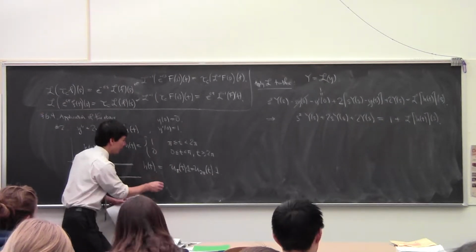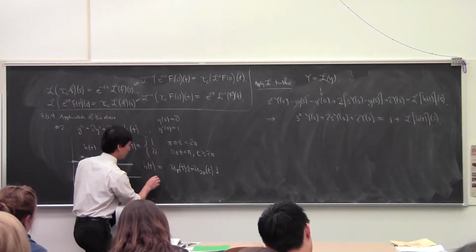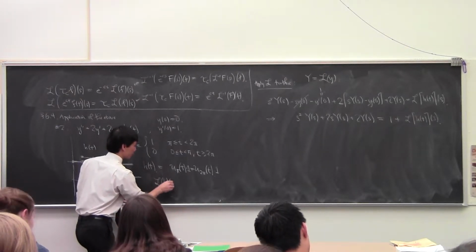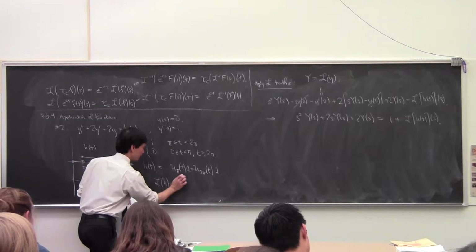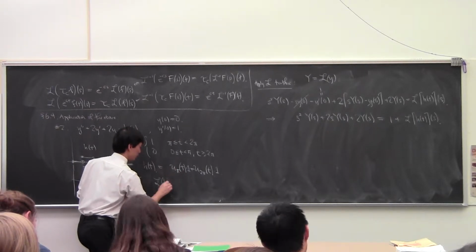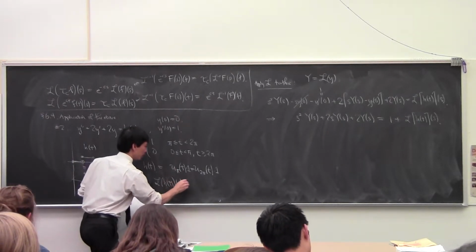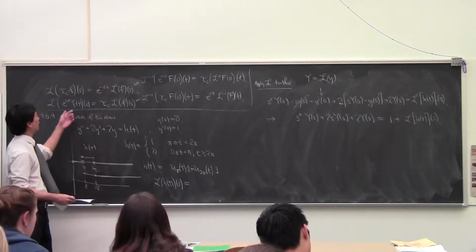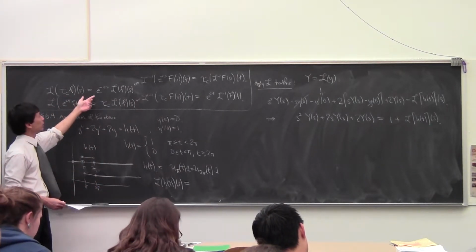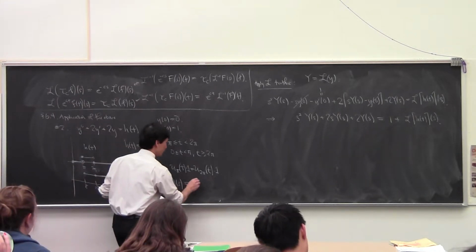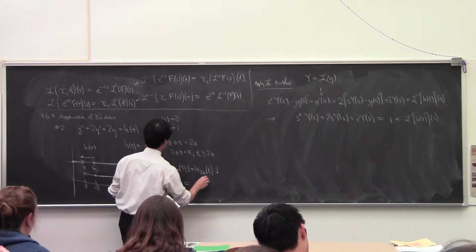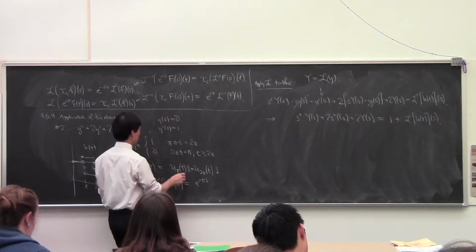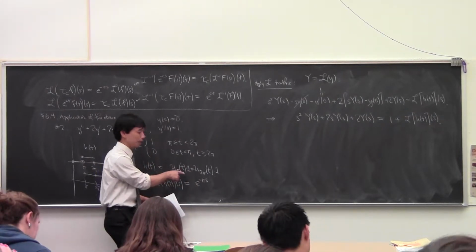Okay, so what happens when you take the Laplace transform? By our rules, we're going to get e to the minus pi s times the Laplace transform of 1.